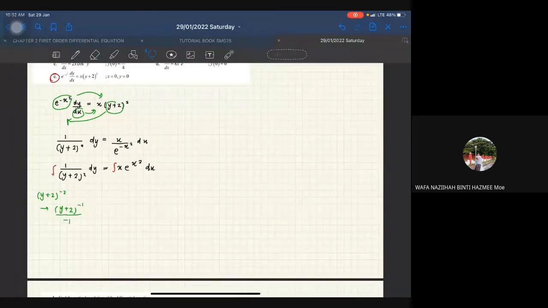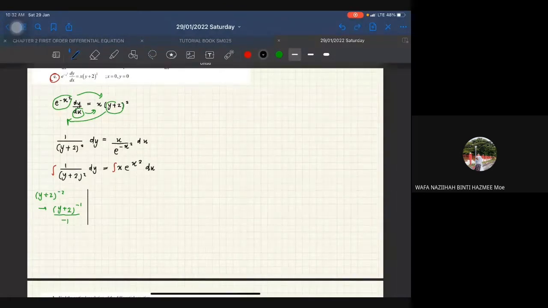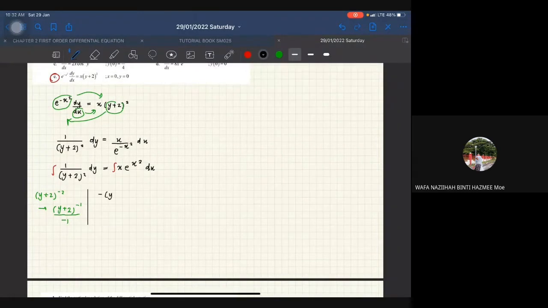So, itu adalah hasil integration yang belah kiri. Okay, so kita akan dapat dekat belah kiri as negative 1 over y plus 2. Okay, and then equal to, okay, so yang belah kanan kita akan gunakan substitution.